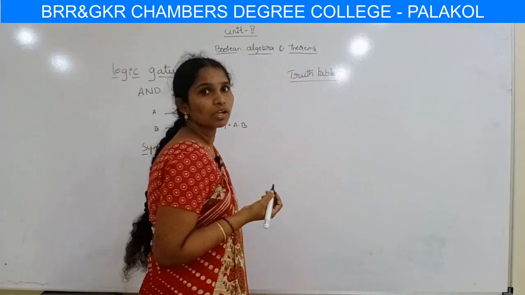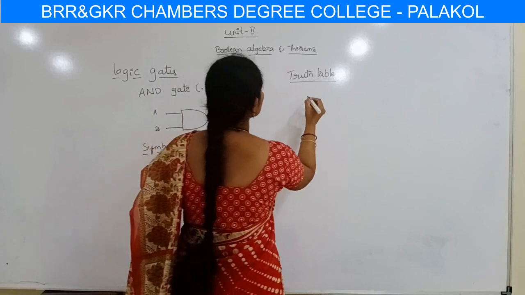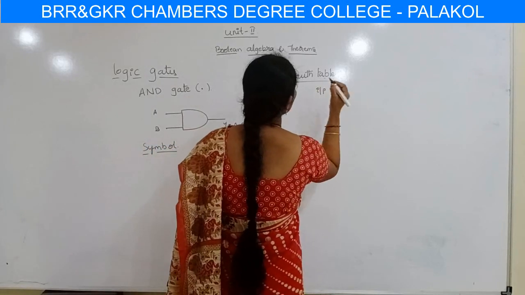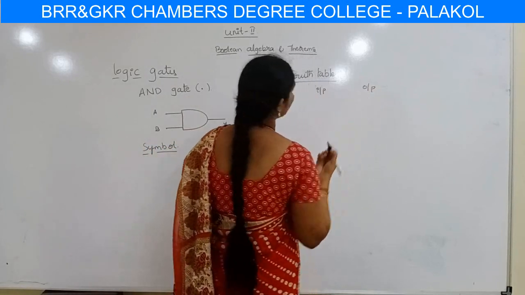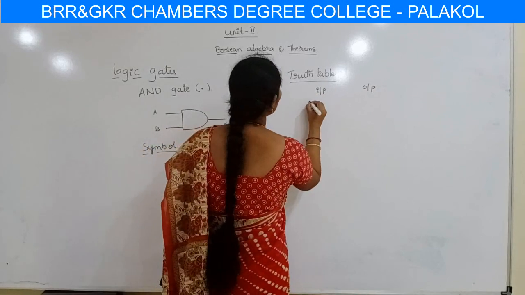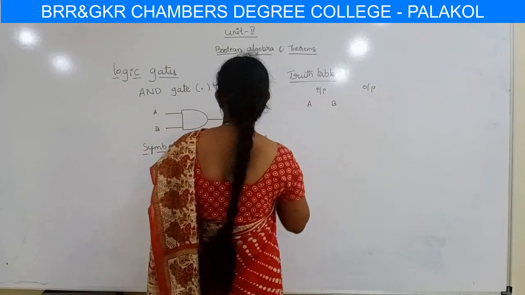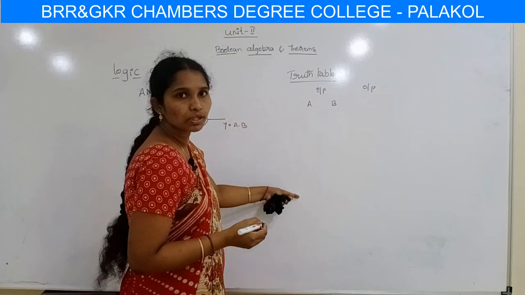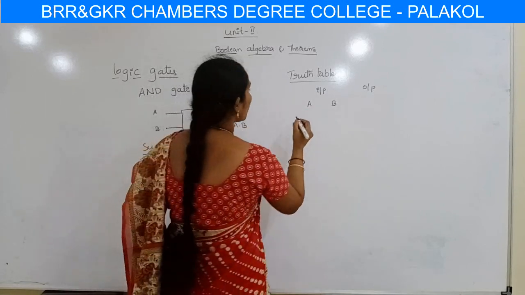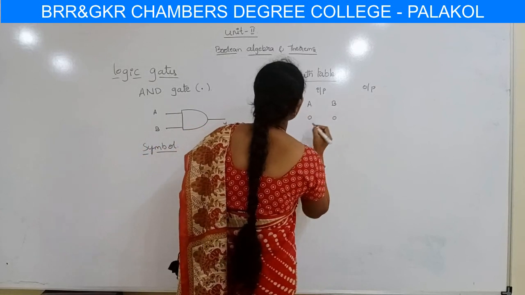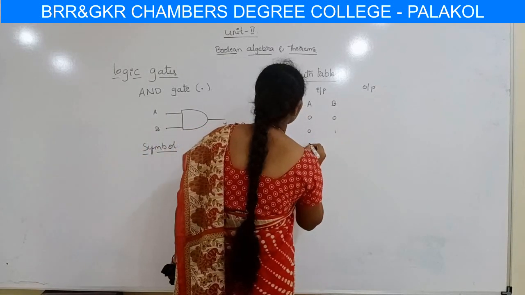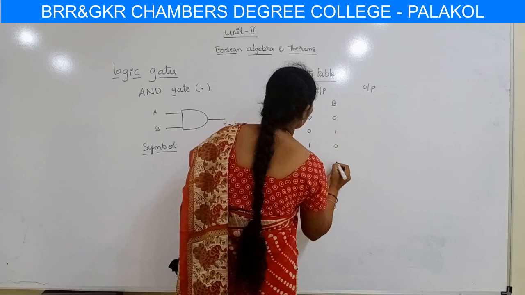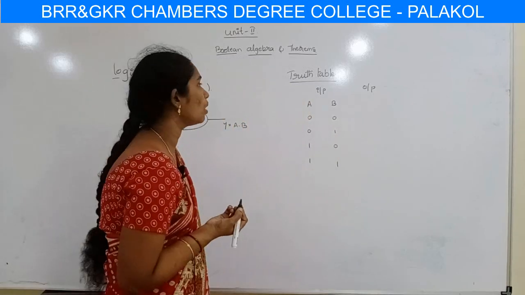Go to the truth table. Here I consider the inputs and outputs. The inputs are 2 inputs, A and B, which will produce the 4 combinations. Those 4 combinations are 0 0, 0 1, 1 0 and 1 1. So these are the 4 combinations.